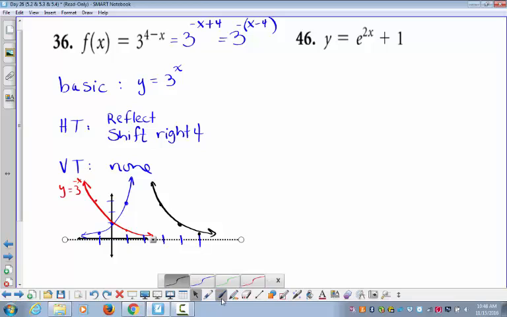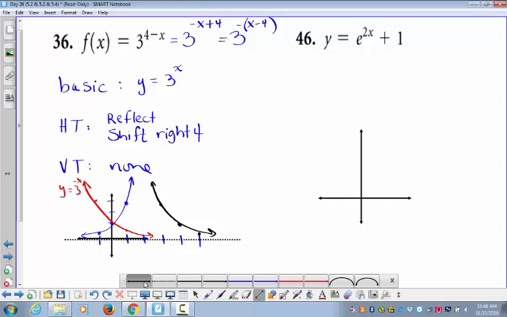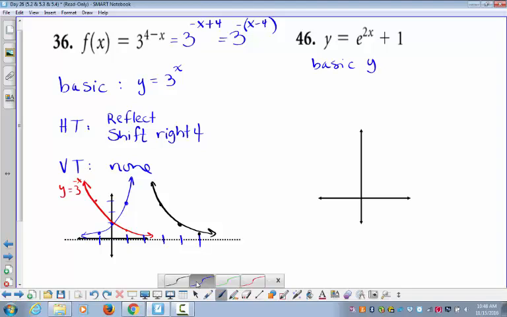All right, this one has a combination. Our basic function will be y equals e to the x. And then, what does that number right there do? So it's a number, it's inside, so that's a horizontal transformation, inside the exponent.